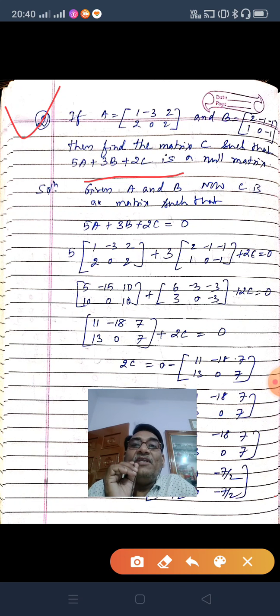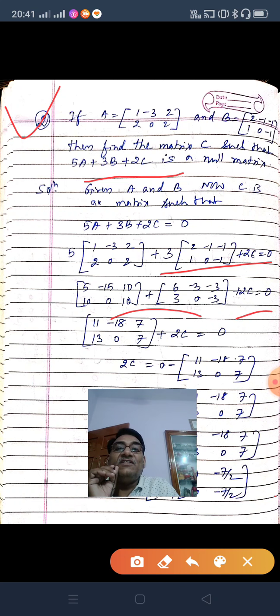Okay, we put here all the matrices: 5 into matrix A plus 3 into matrix B plus 2C is equal to 0, the null matrix. This is equation one. Putting in the values of matrices A and B and solving this, then plus 2C equal to 0.